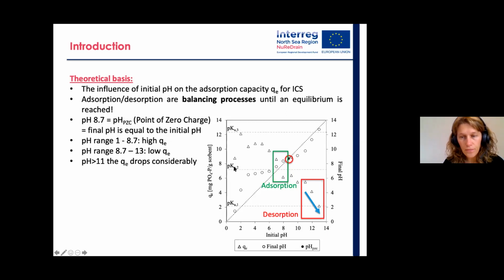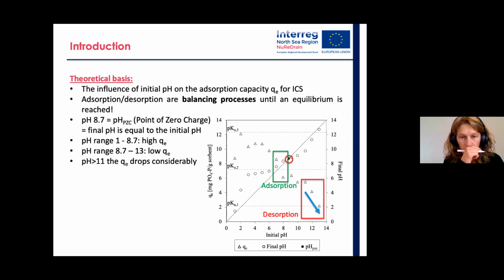Okay, that's important. If we look at the pHs for the adsorption, usually the drainage water has a pH, let us say, between a minimum and maximum of 6 and 8. So you can see that we have here a very good adsorption capacity, which you can read from the y-axis, of about 6 to 10 milligrams phosphorus per gram of sorbent, dry solids, and the sorbent is dried.